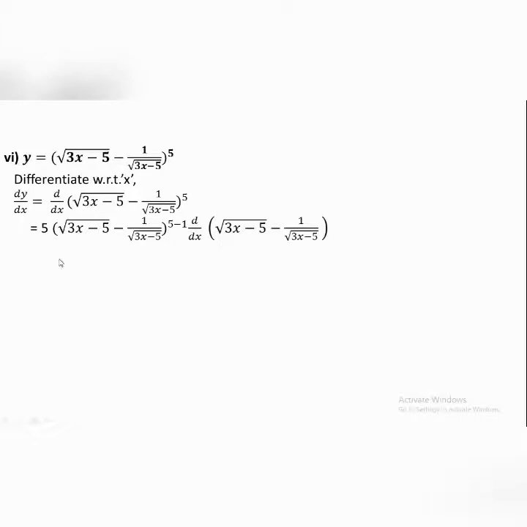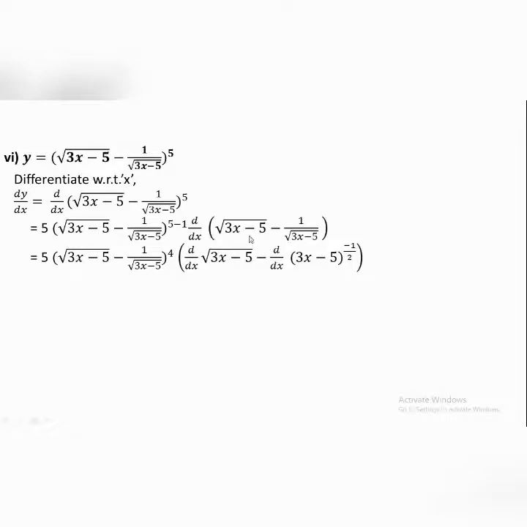Now here, it is clear: 5 into the bracket 5 minus 1. But here, we wanted to make it an easier form, so let's see. It becomes 5 minus 1, which is 4, and the remaining terms are as they are.